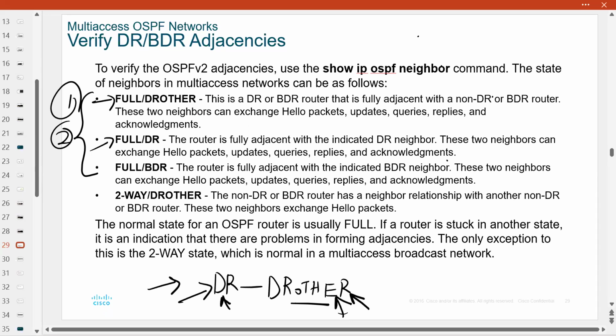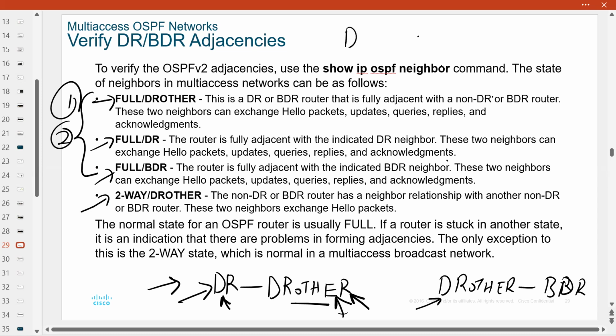With that one, we have a DR other and a BDR, a backup designated router. So if I show the neighbors from this side, that's where I get a full BDR. That's my neighbor.